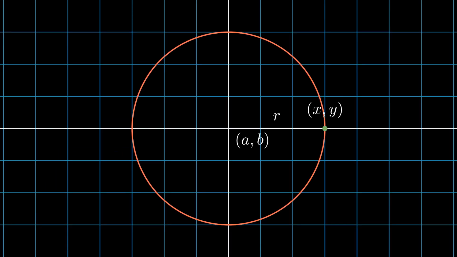Now, as we said, a circle is a set of points x, y that are equidistant from a given point, or the center of that circle. So if we take (a, b) to be the center of that circle, that constant distance, the radius r, will hold for any point on that circle.